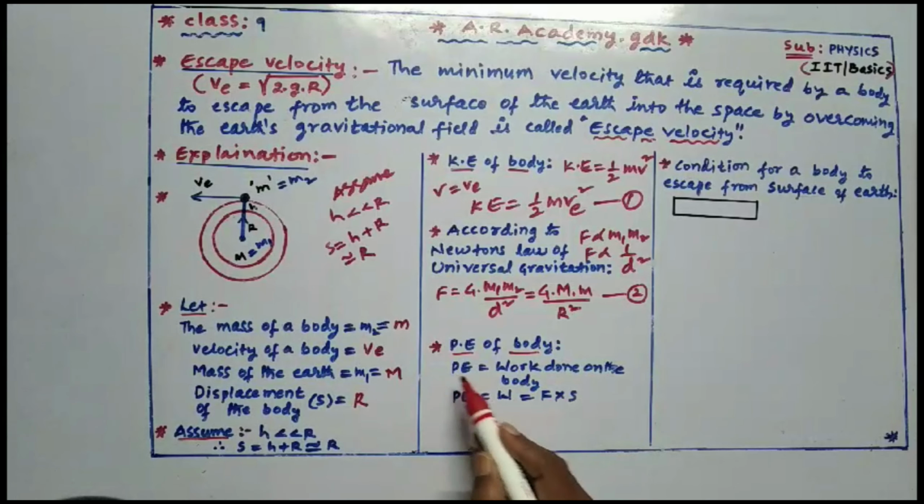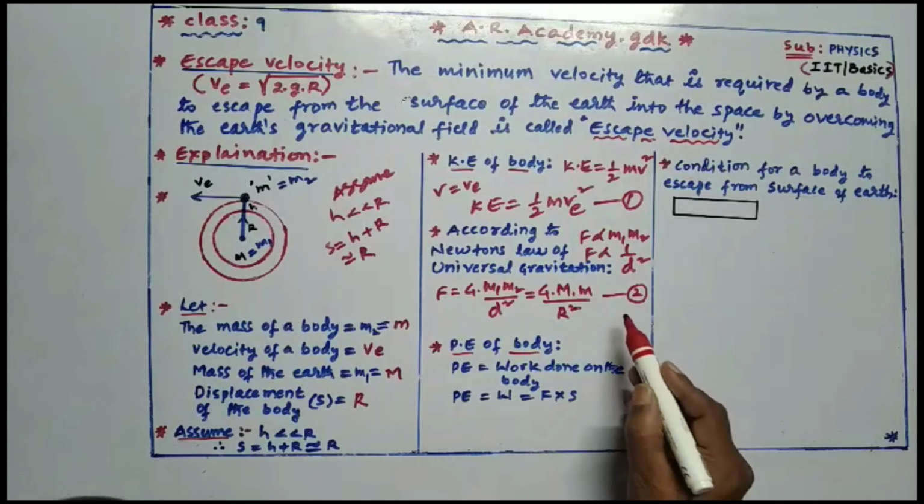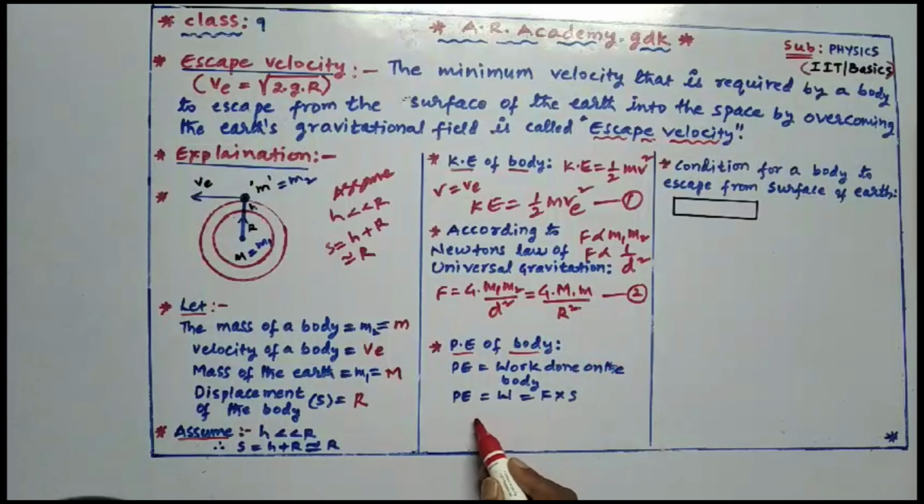So potential energy is equal to F into S. According to the second equation, F equals G M m by R square.